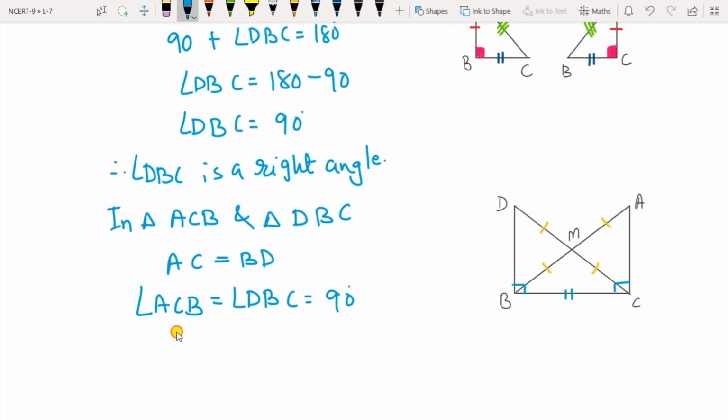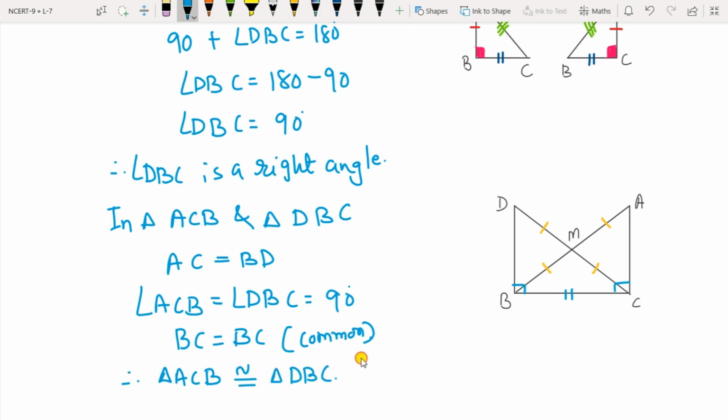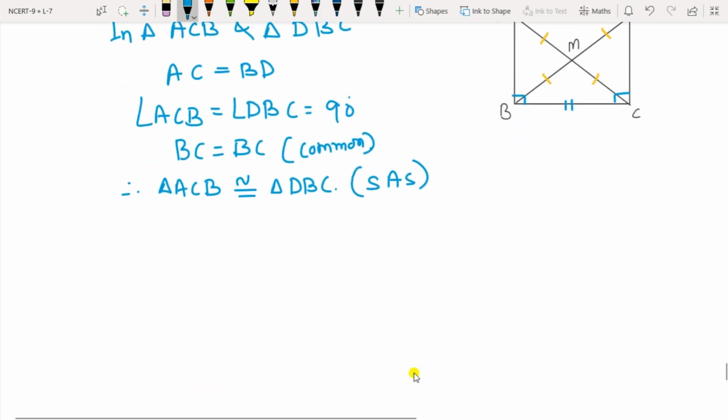So, BC equal to BC, that is common. And therefore, triangle ACB is congruent to triangle DBC by SAS, and therefore AB equal to CD by CPCT.